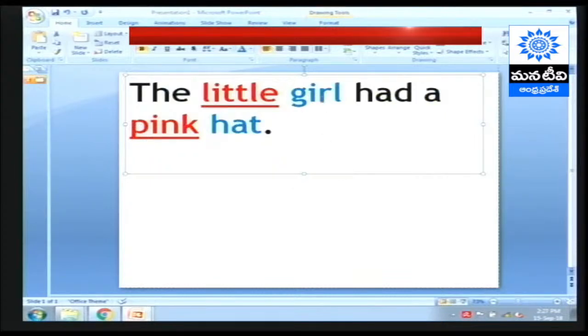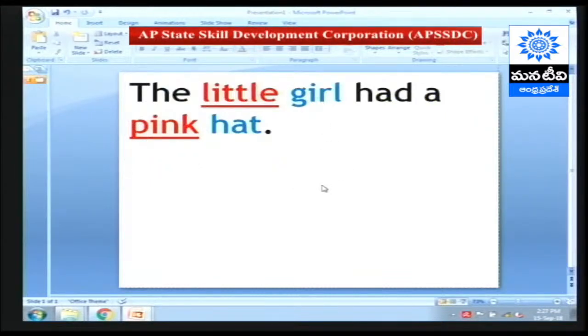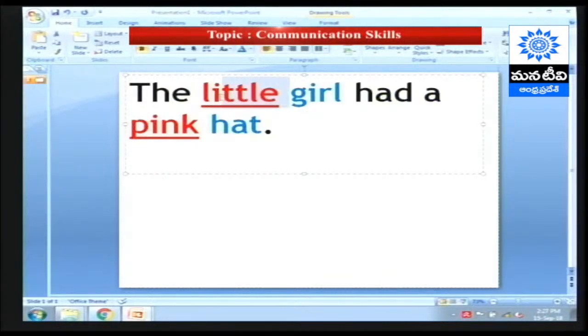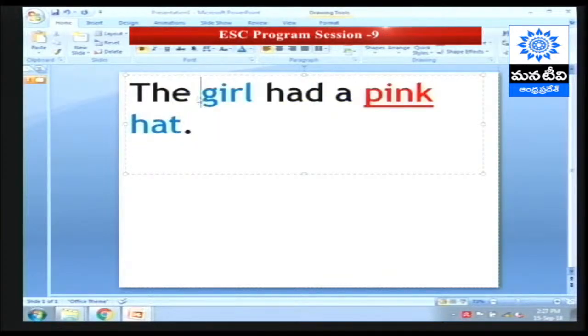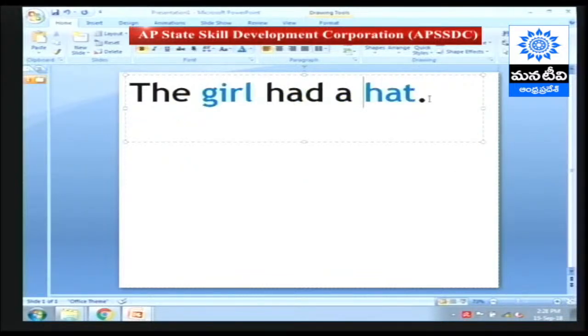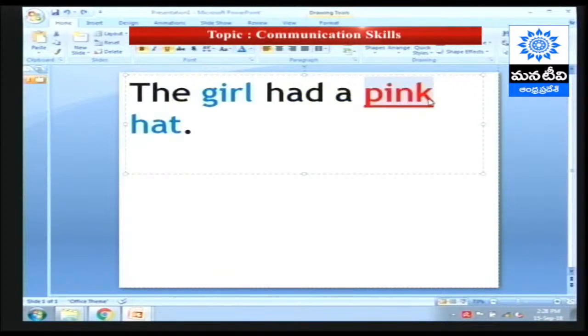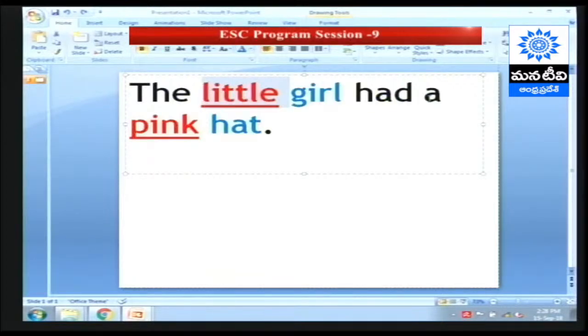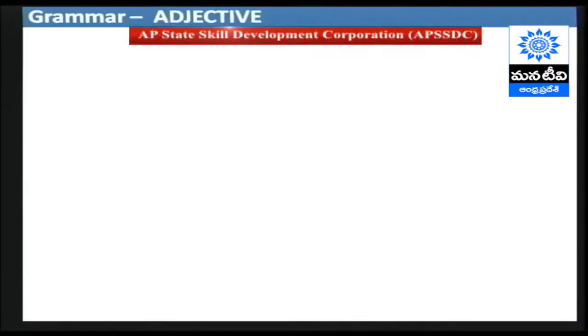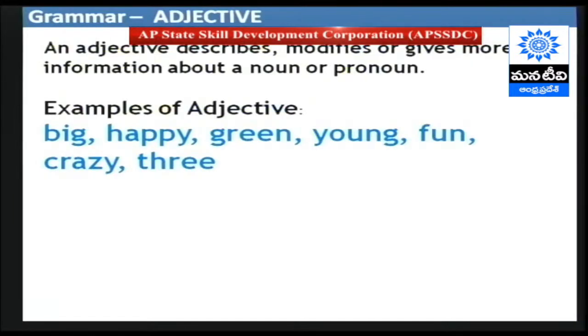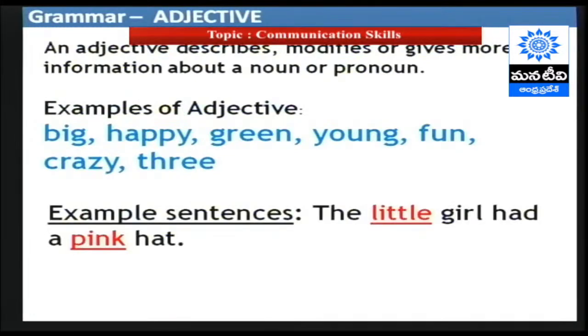So the blue is nothing but your noun. The little girl had a pink hat. Now if I remove this, the girl had a hat. But what kind of hat? Pink hat. What kind of girl? The little girl. So anything that is adding quality, that is describing or modifying the noun or pronoun, is adjective.